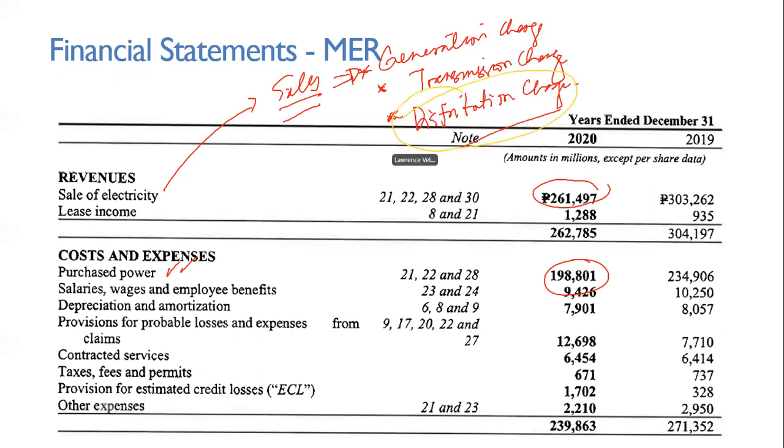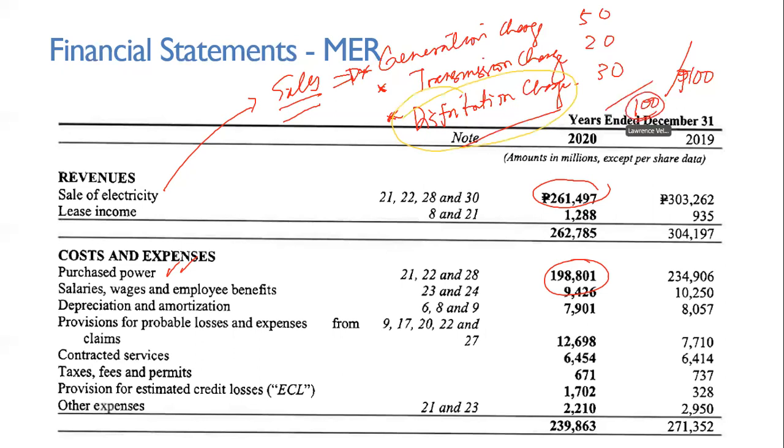Okay? So for example lang, 100 pesos yung bill mo sa Meralco. May portion yan pang generation, halimbawa, 50 pesos. Kunwari lang. May portion yan pang transmission, halimbawa 20 pesos. May portion yan pang distribution, halimbawa 30 pesos para mag-equal ng 100. Okay?